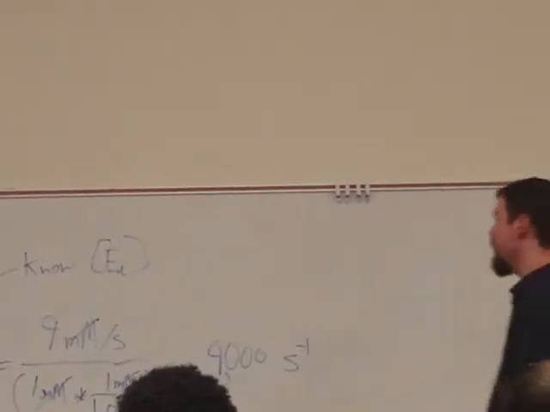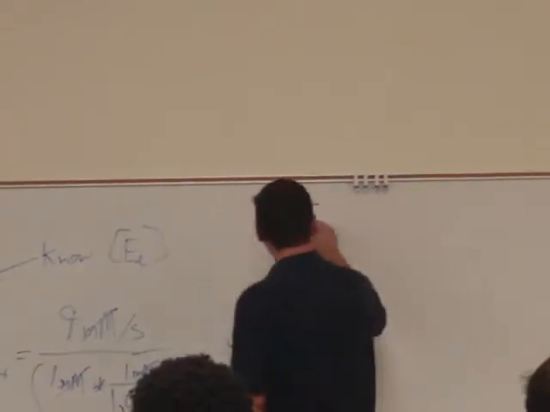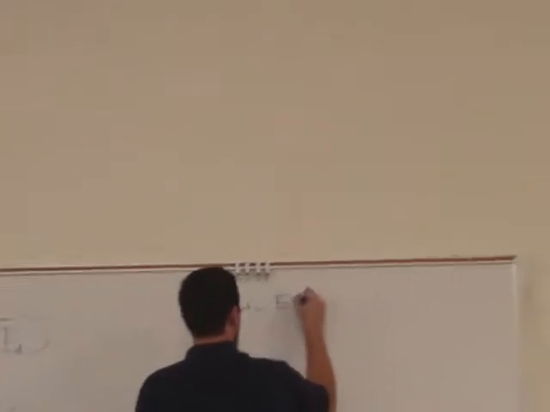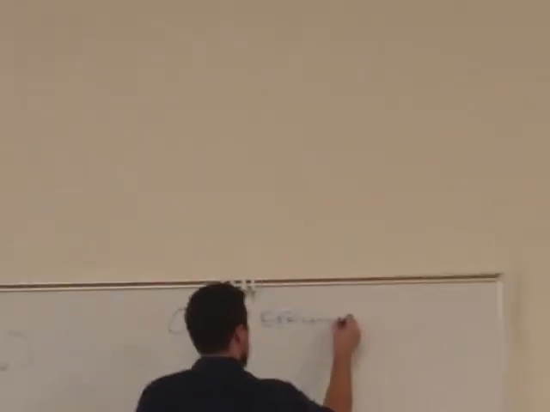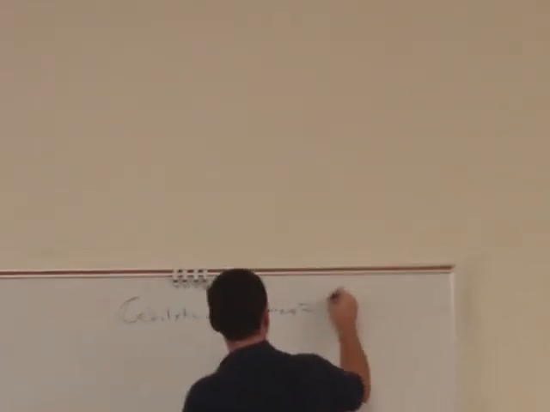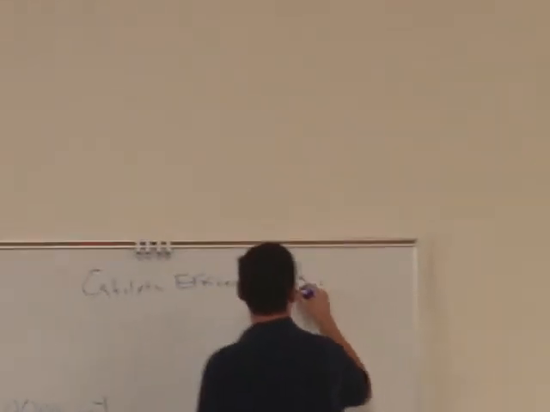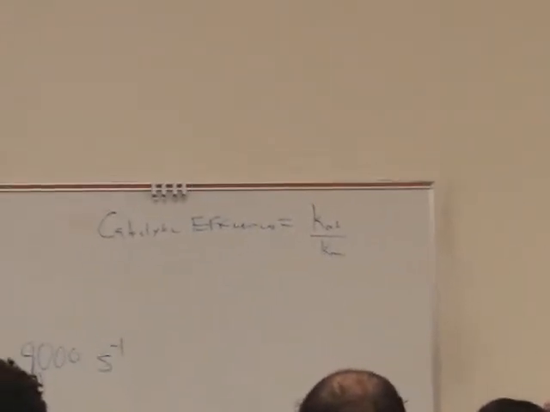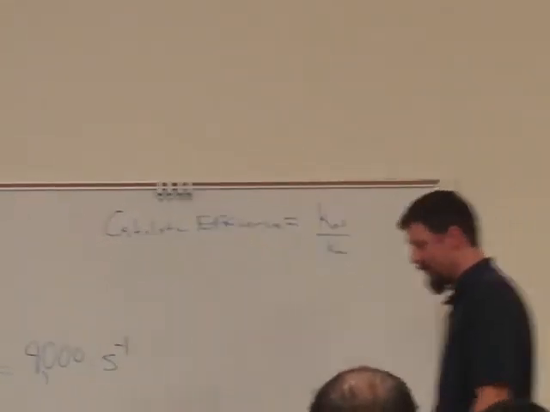That's your Kcat. There's the other parameter, catalytic efficiency, which is equal to Kcat over Km. If you haven't learned all these terms and what their equations are, I want you to make sure that you do that.